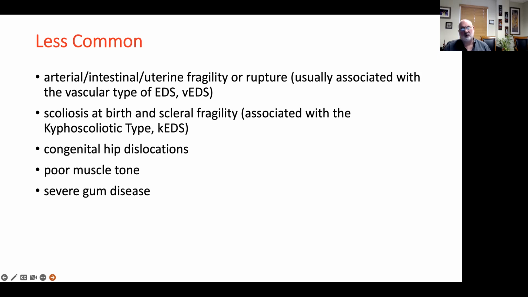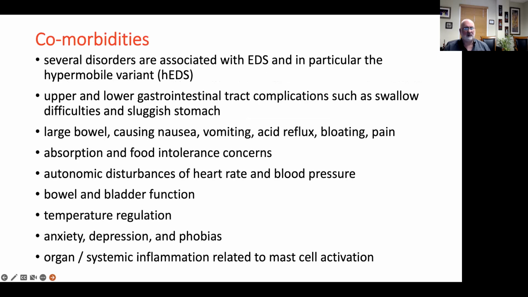One thing that's very important is to figure out if there's a family member who's had vascular type EDS. So is there anybody in your family who's had a spontaneous intestinal rupture, or who's died of an aneurysm in their 40s or 50s? If this is the case, then we want to make sure that you get genetic testing.